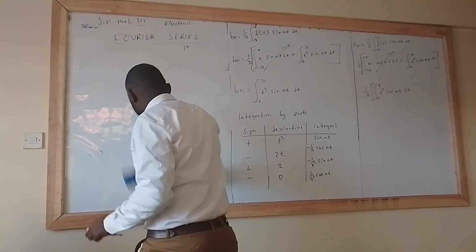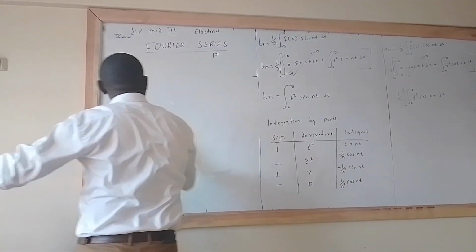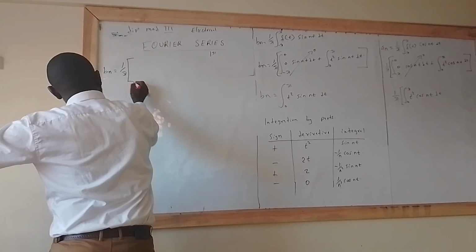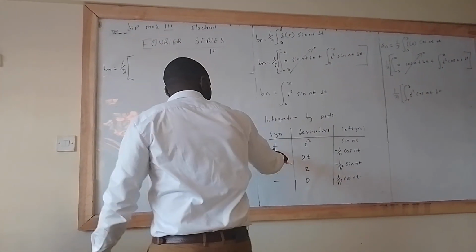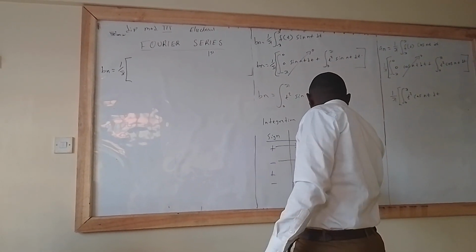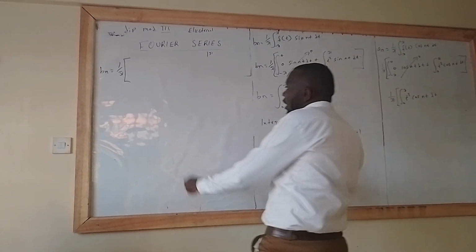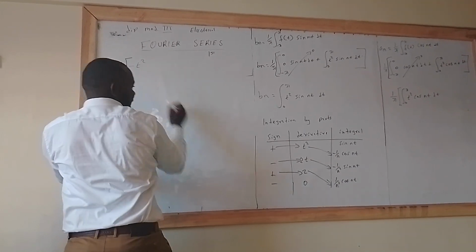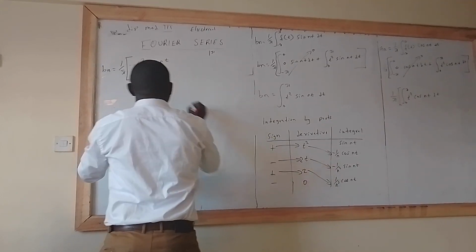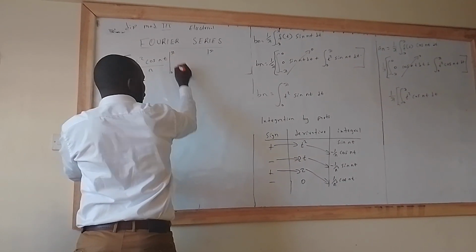Let me clear this side, kindly. Now I have b of n given by 1 over pi, open the bracket. We have positive, so this one will go with this one, and so on. So I will have negative t squared cos nt divided by n in the range of 0 to pi.